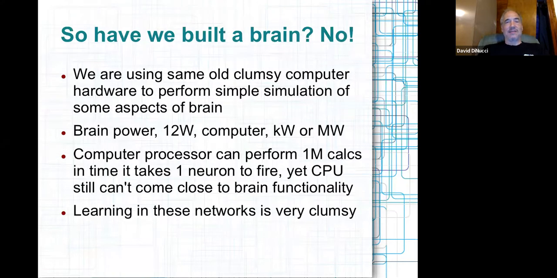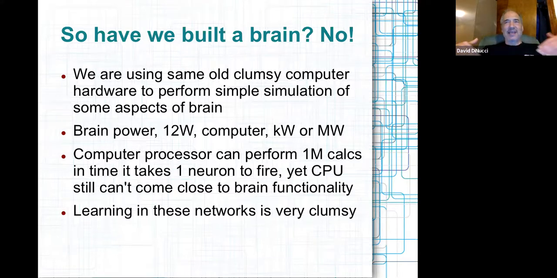The computer is it. So have we built a brain? Okay, this was modeled after brains, and it seems like we're getting there, but this is absolutely not a brain. I mentioned exascale computing earlier, and some people say that's the level of computing we need to simulate the brain.